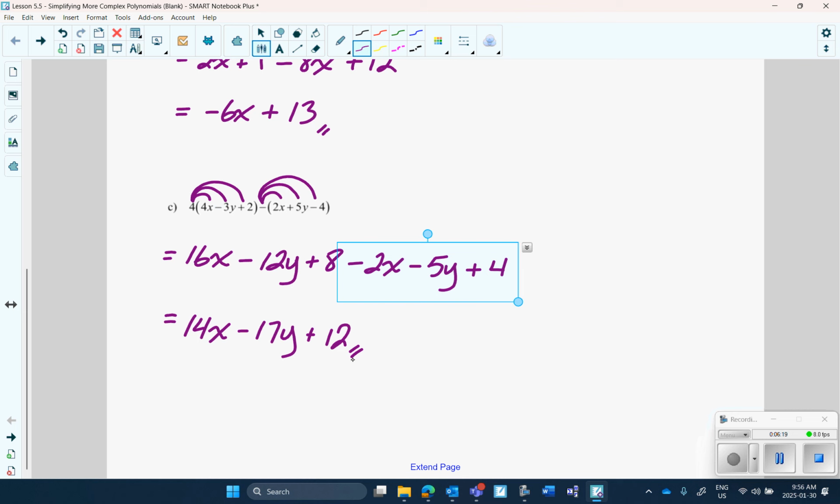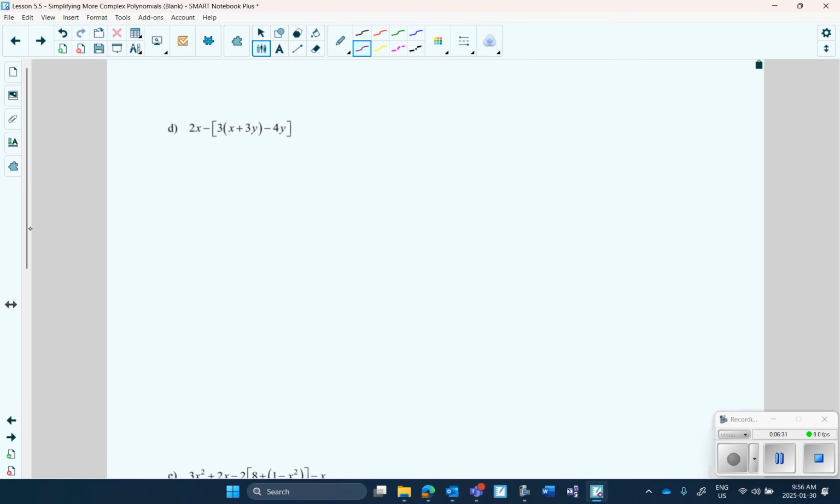Okay. The next one, we've got some brackets. So that tells me I'm going to have to do 3 steps. Take out the parentheses first, then take out the brackets, then collect like terms.